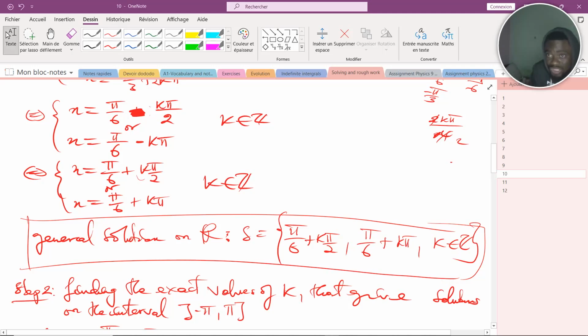You are still going to have the same answers. So take note of that. My only aim was that I just wanted you to understand that in multiple choice, they can give you the general solution with this, or they can give you the general solutions with this minus. You should understand that you are going to have the same answers. So understand the logic behind things.